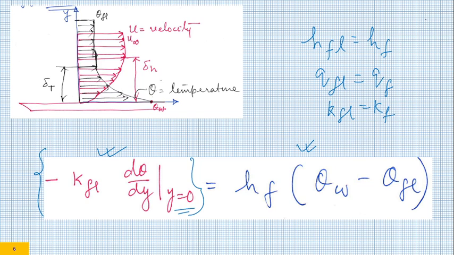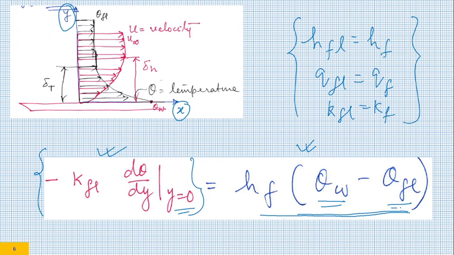So this has been used interchangeably in this lecture series, so please take note of that. So KFL into the thermal gradient at y equal to 0. This is your y-axis, this is your x-axis. And this is the convective heat transfer. From the macroscopic convection point of view, HF into the temperature difference: hot plate temperature minus fluid temperature.